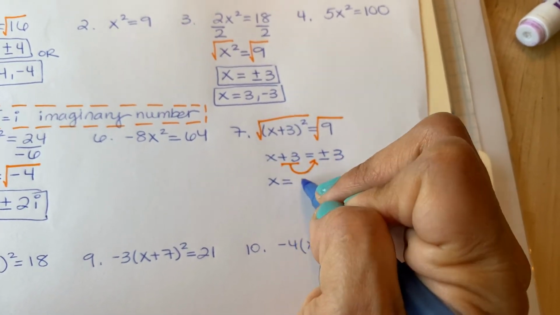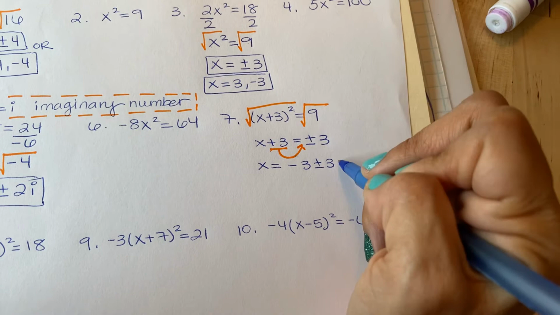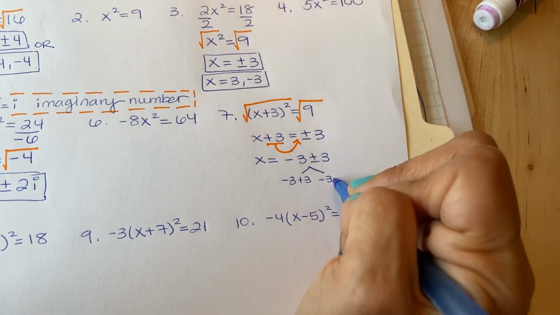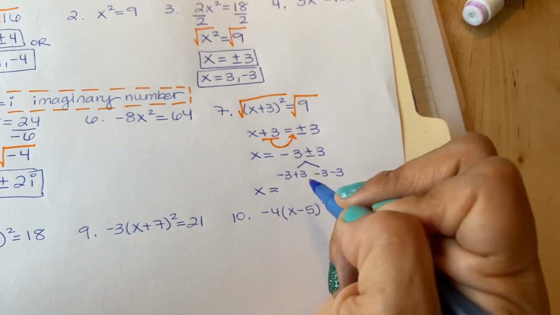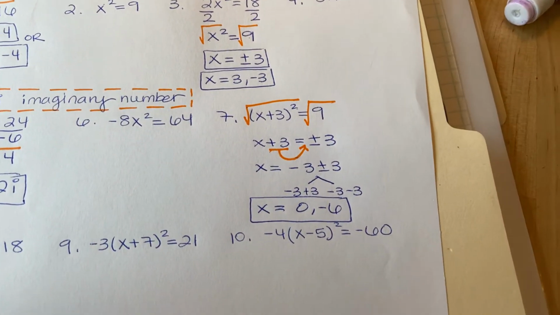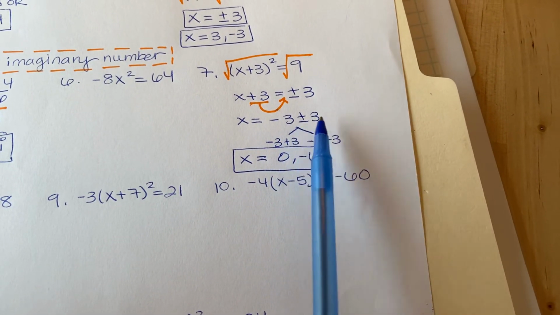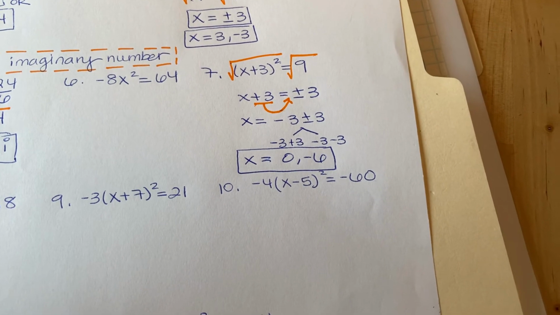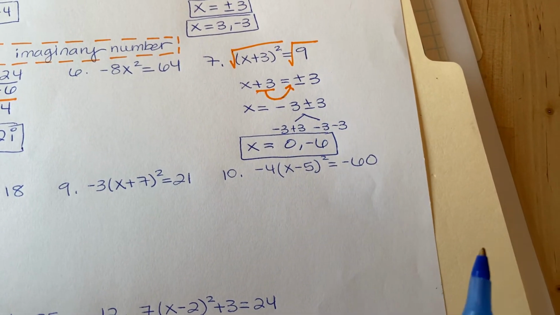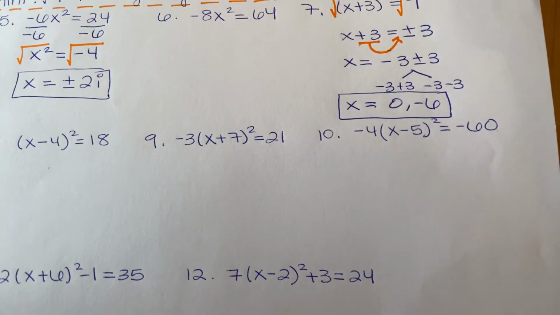So x will be equal to -3 plus or minus 3. Take your two cases, -3 plus 3 and -3 minus 3, and so I get 0 and -6, and those are my two cases. We were able to combine these because they were both real numbers. Just in case you just finished the quadratic formula assignment, remember if it has an i there, we cannot. You'll do 8, I will solve 9.